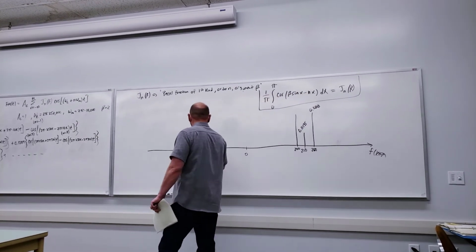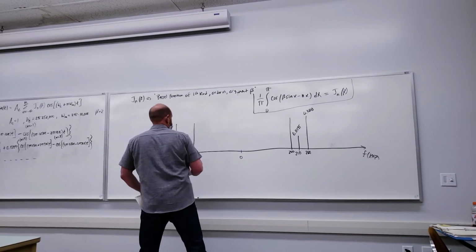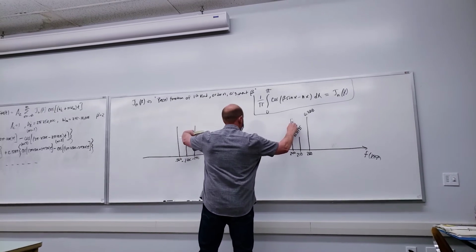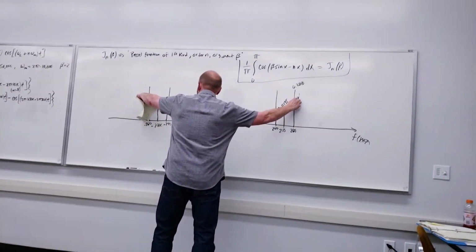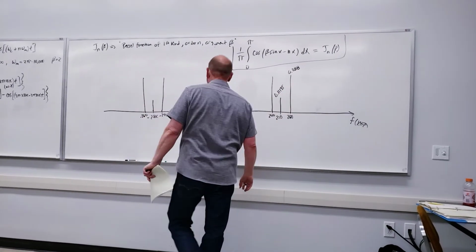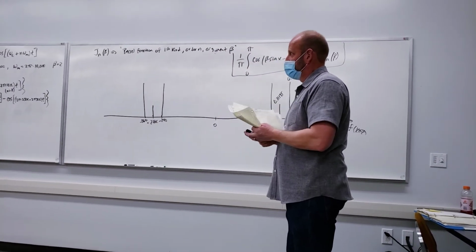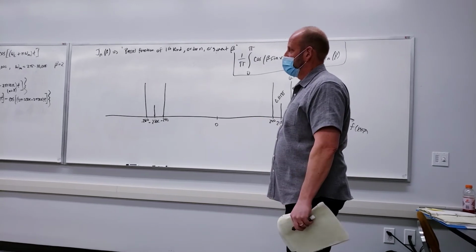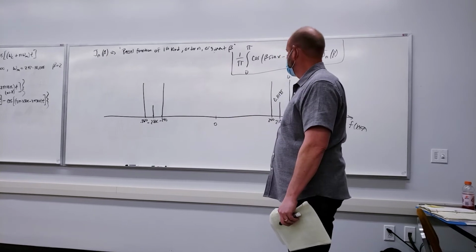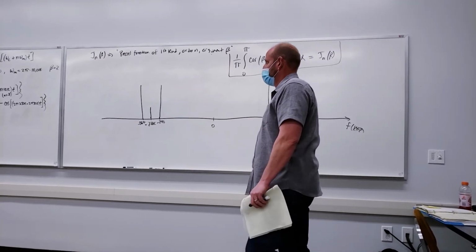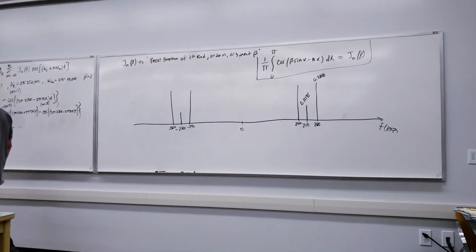Same over here. So these spikes right here are the 240 cosine, and these outer spikes, the higher frequency ones, are the 260 sinusoid. Double spikes, plus or minus, whatever the frequency is, amplitude, that chopped in half. All right, so there's the n equals 1 and minus 1 terms.